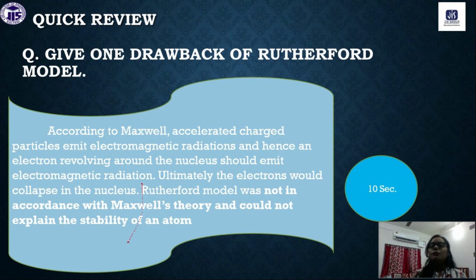But again, Bohr's atomic model has some drawbacks: the further splitting of line spectra of hydrogen, the Zeeman effect and the Stark effect cannot be explained, and it is only valid for one electron systems, so it is not valid for multi electron systems. These drawbacks are further addressed by the Sommerfeld atomic model, which we will discuss in our next class.